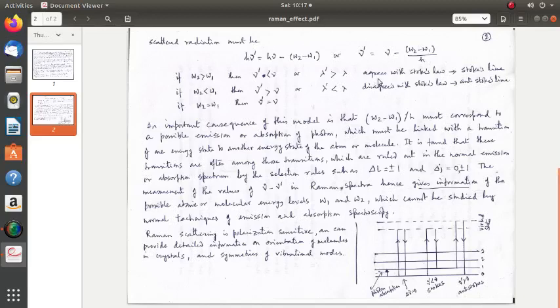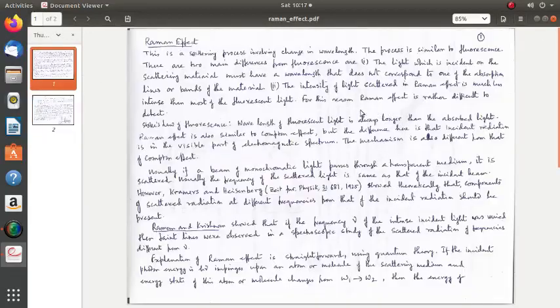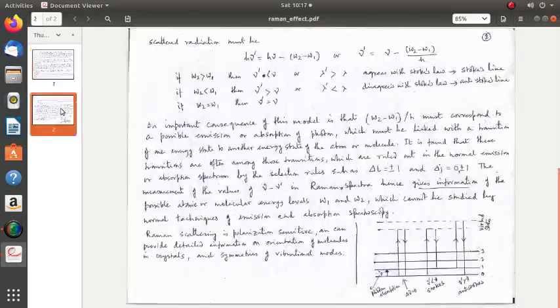So this agrees with the Stokes law that we discussed of fluorescence. Wavelength of the fluorescent light is always longer than the absorbed light. So this is agreeing with the Stokes law. That is, the wavelength of the scattered radiation is more than the wavelength of the incident radiation. This agrees well with the Stokes law. So this is called Stokes line.